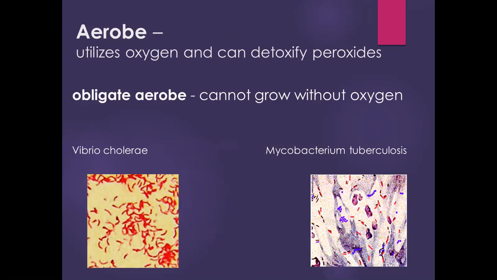Among medically important bacteria, the obligate aerobes here are Vibrio cholerae, a comma-shaped gram-negative microorganism, causative agent of cholera, and Mycobacterium tuberculosis, an acid-fast rod-shaped bacteria, which affects mostly the lungs of people, causing tuberculosis.